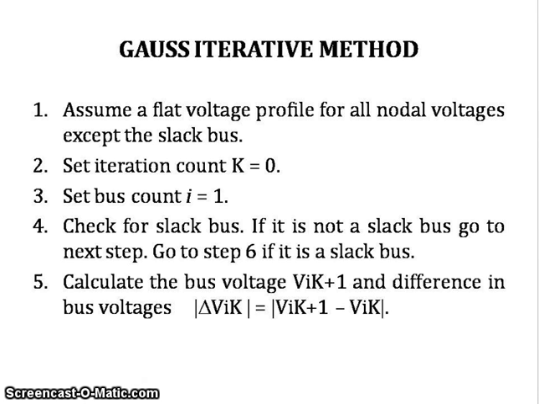Another important bus is called the slack bus, or sometimes the swing bus or reference bus, where we take one bus as a reference with voltage 1 per unit and delta equal to 0. So that bus is called the slack bus. In load flow problems, all buses except the slack bus are generally PQ or PV buses.